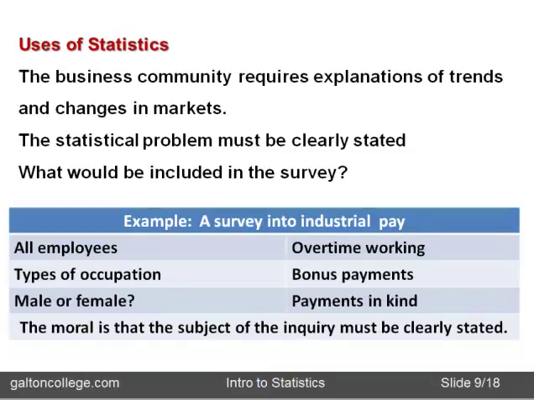Business people need statistics to make good decisions. They need good information, and information comes from the data, which is refined through statistical techniques. So business people need to know what the changes in the markets are. So they often have the situation where production takes place well in advance of sales.